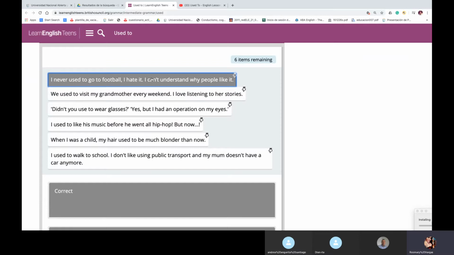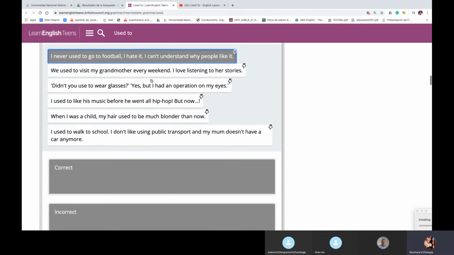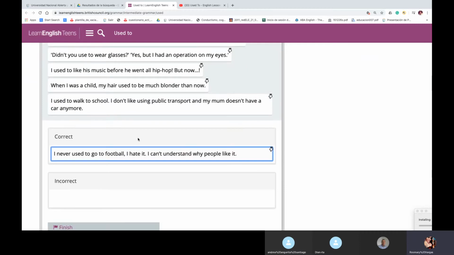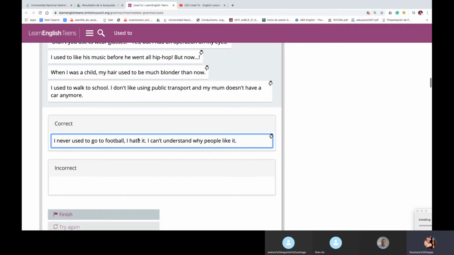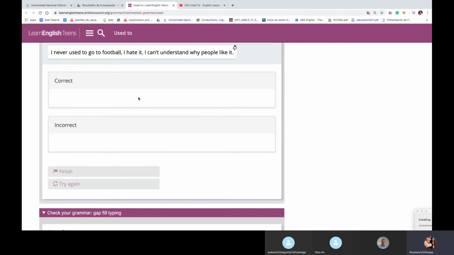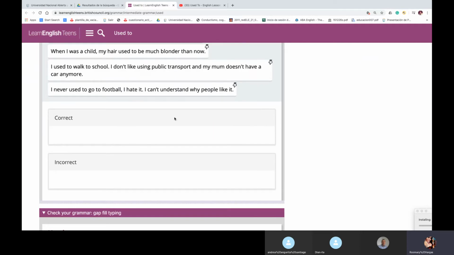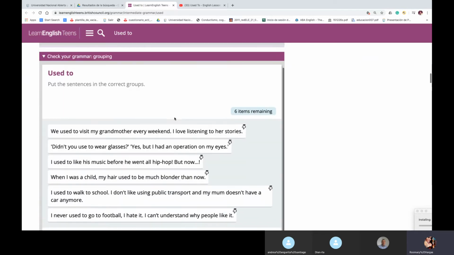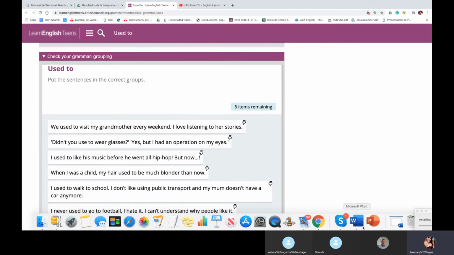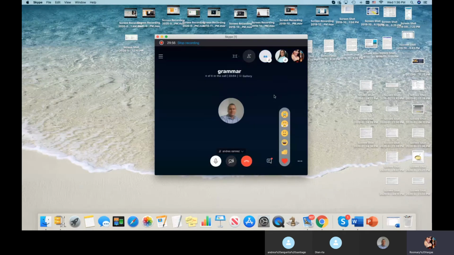So you need to just click on it and see if the sentence is correct or incorrect. So you put it here, for example. Yeah? So that one is not correct. I don't want you to get confused. So let me know if the link works very well and you can open it.